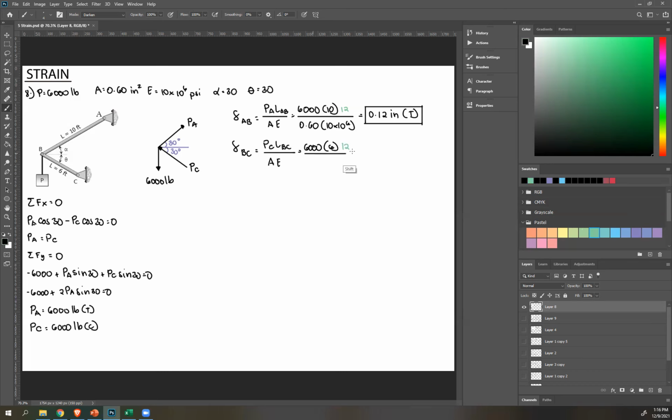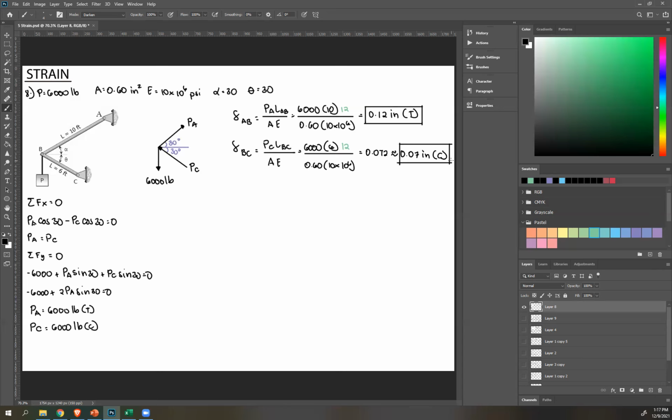All over 0.60 times 10 times 10 raised to 6. Okay, and then you should get 0.072, rounded off 0.07 inches, and that is in compression. Okay, and so that's the first part.